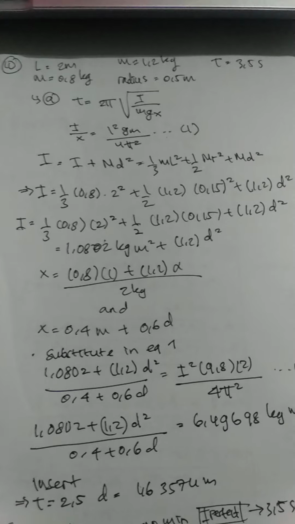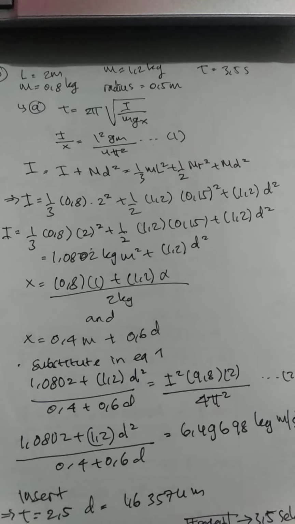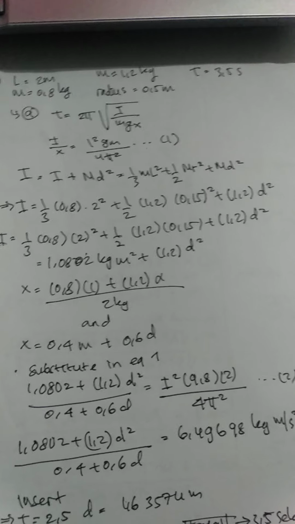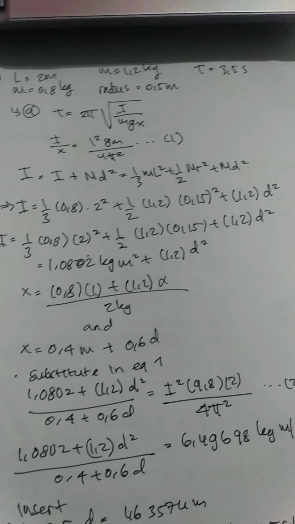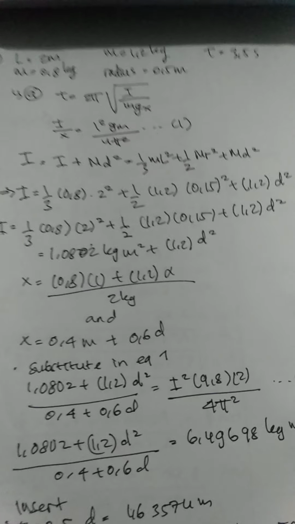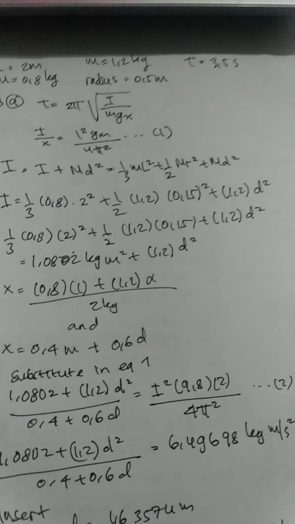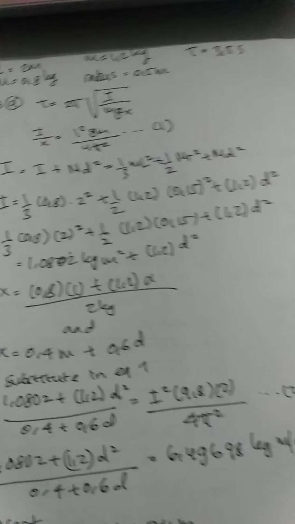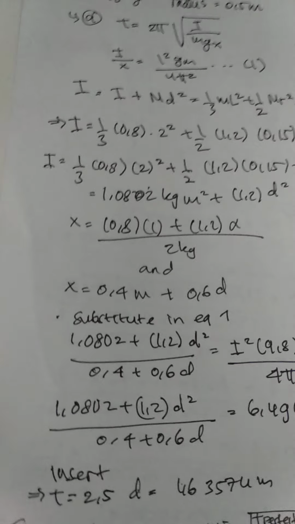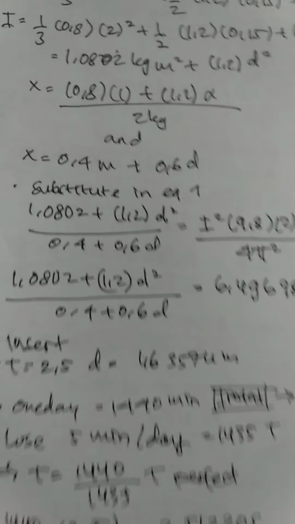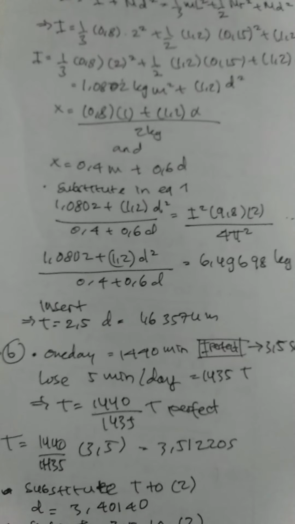Just to the point, we get I is 1.0802 kilogram meter square plus 1.2 d square. We get x: 0.8 times 1 plus 1.2 times d per 2 kilogram, and x is 0.4 meter plus 0.6 d.